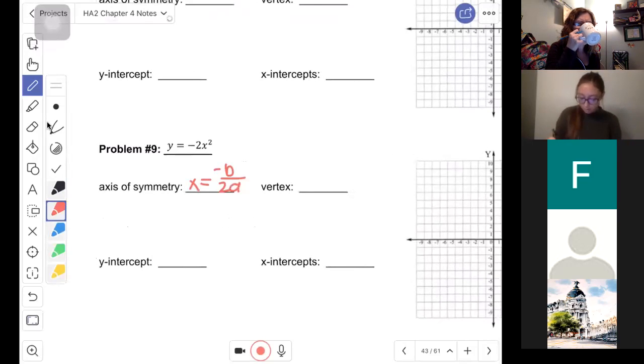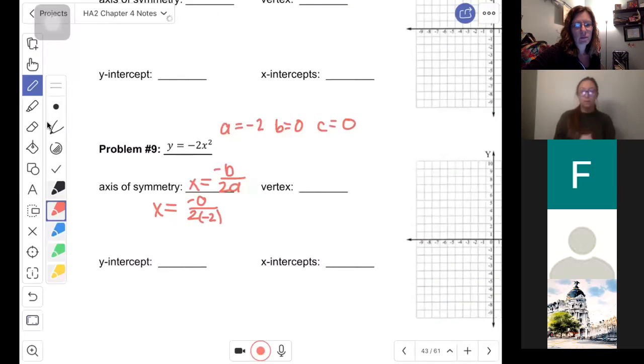Now make sure you're writing that as x equals. So here, our a is negative 2, our b is 0, and our c is 0. So here we end up having x equals negative 0 over 2 times negative 2. We know that that's just going to be 0. We have a 0 in the numerator.